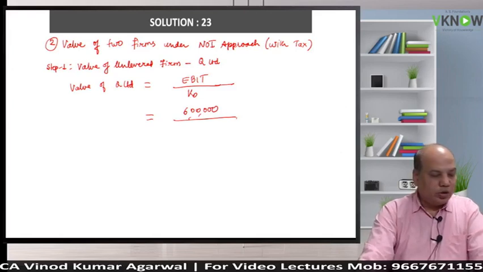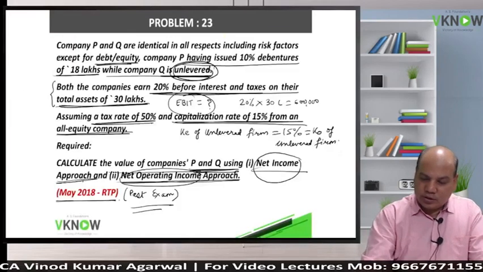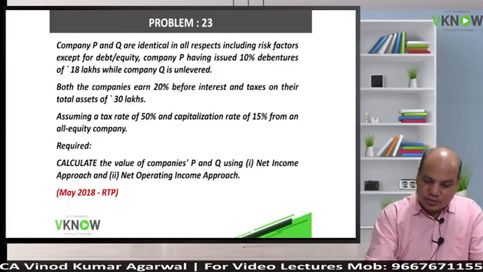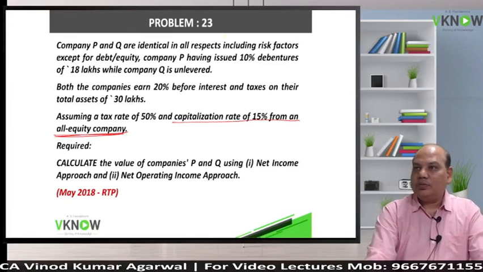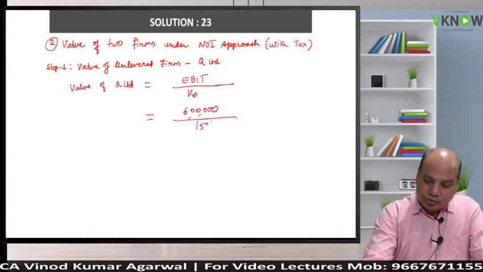And how much is KO in the problem? 15%. It is written here on the screen: capitalization rate of 15% for an all equity company. So this is KO of an unlevered firm, 15%.